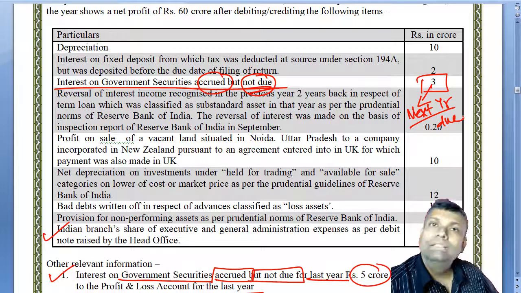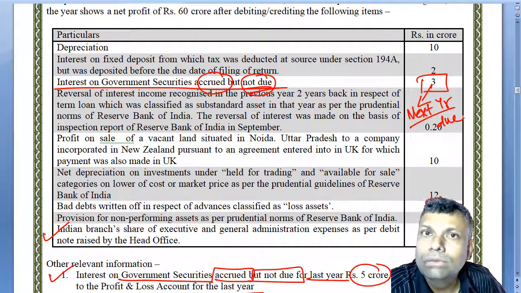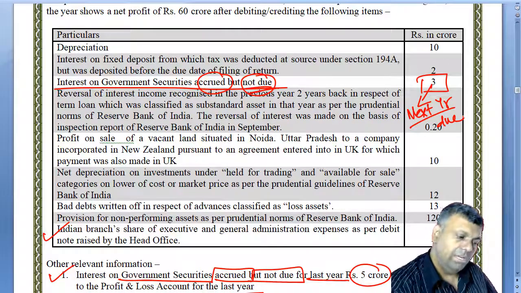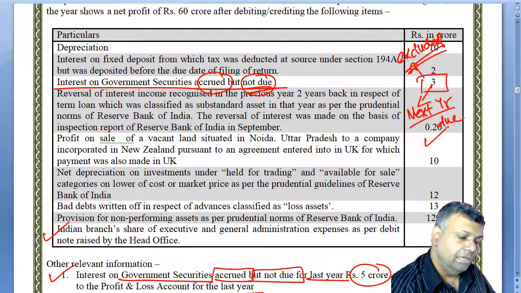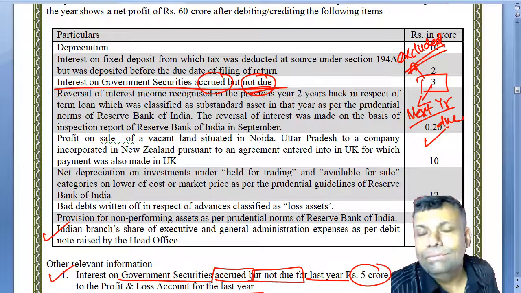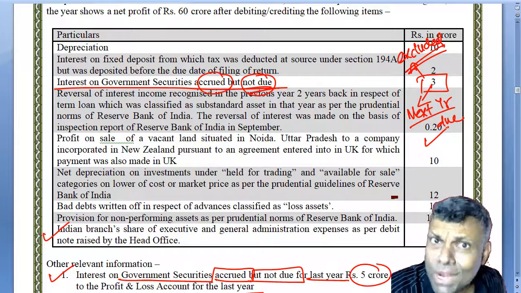Naturally, next year, when December comes, the entire amount will fall due. So these 3 we have excluded from the current year, but in the next year it will be included. That doesn't mean that these 3 will never be taxable. It will be taxable in the year in which it falls due.